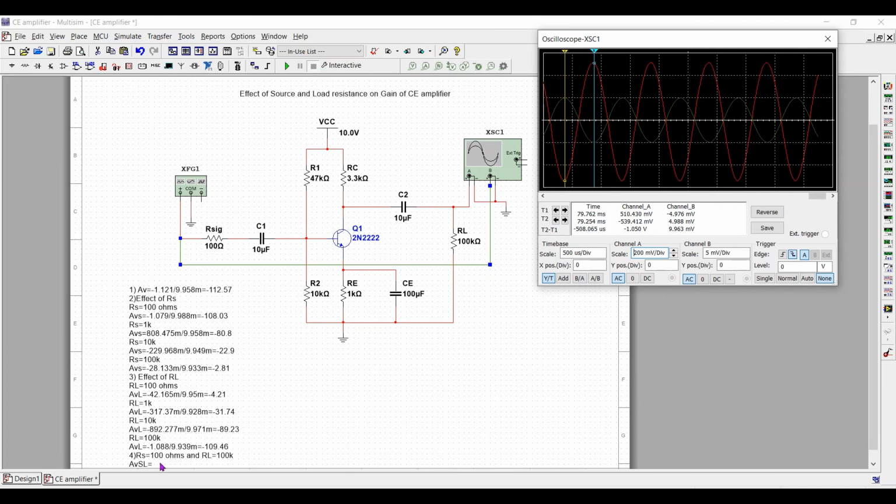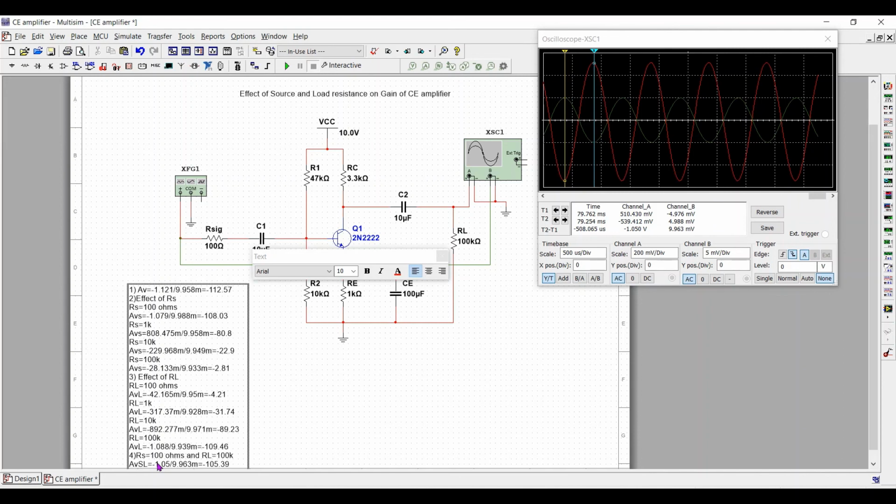So the gain over here comes out to be minus 1.05 divided by 9.963 milli, which is approximately equal to minus 105.3439.